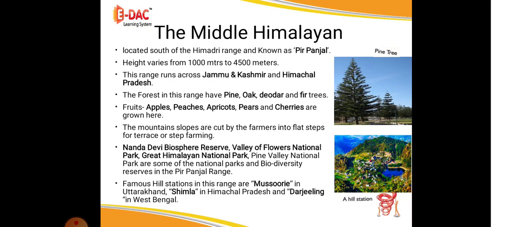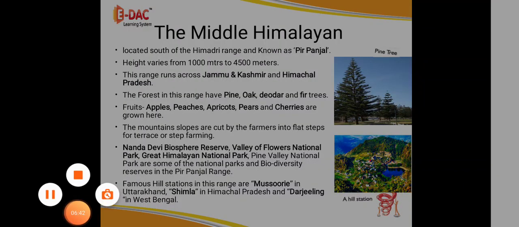Famous hill stations in this range are Mussoorie in Uttarakhand, Shimla in Himachal Pradesh, and Darjeeling in West Bengal.